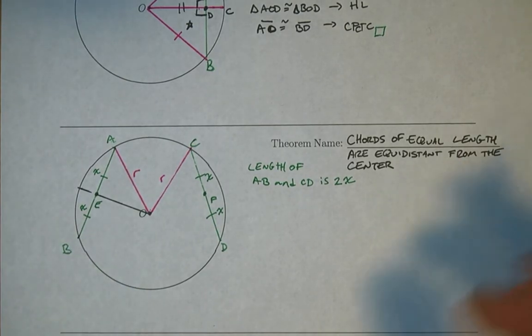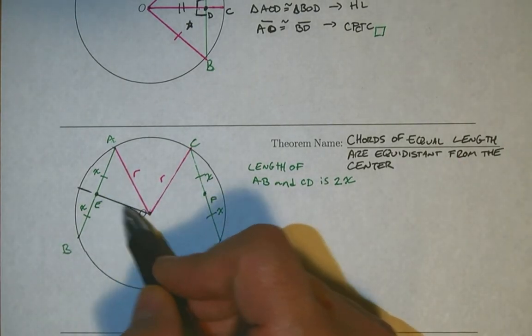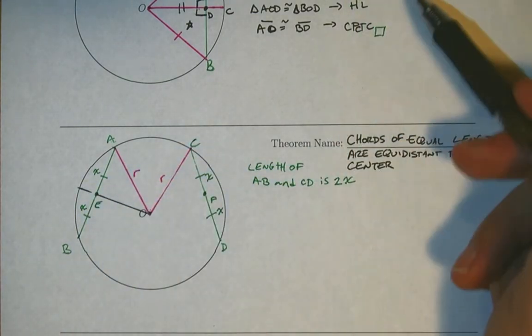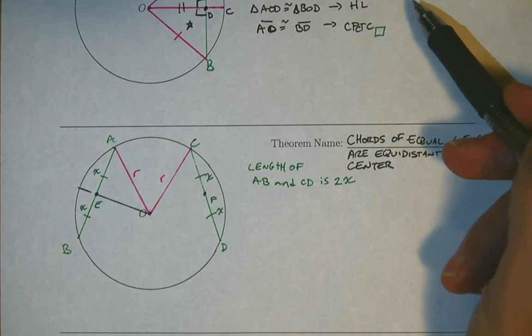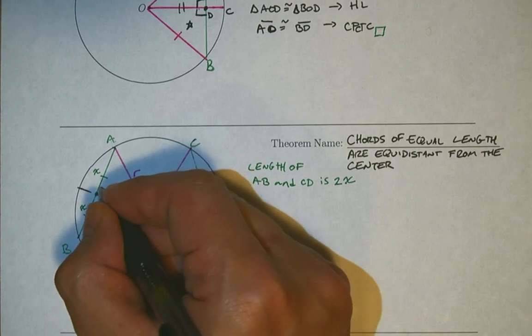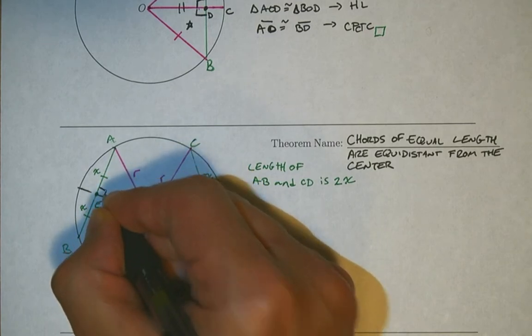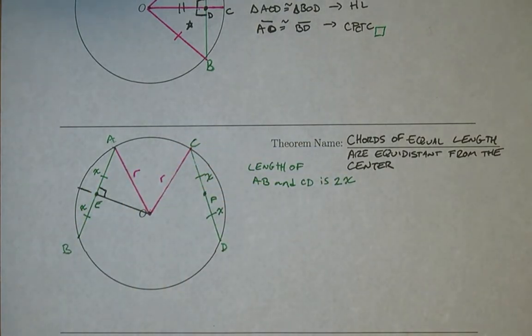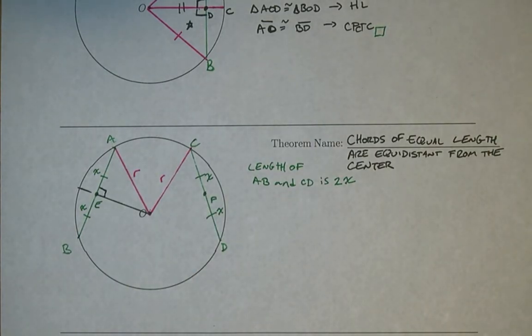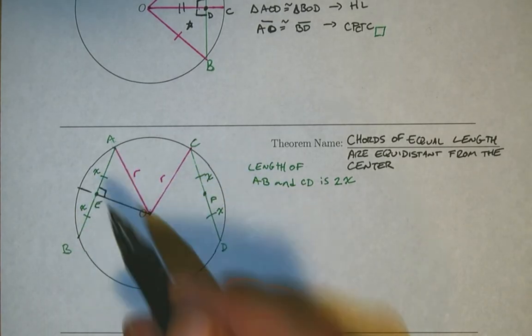Now, what do we know about OE, this segment that goes to the midpoint, and I actually drew it all the way to the edge of the circle? Well, from our earlier theorem, we know that if it goes through the midpoint, that must mean that it's perpendicular. That's what you proved when you proved this first theorem in the reverse direction. So if it went through the midpoint, that must mean it's perpendicular.